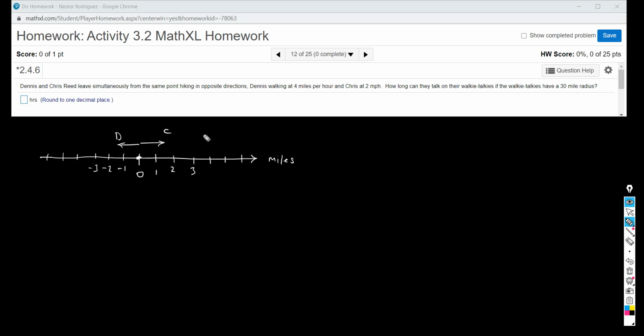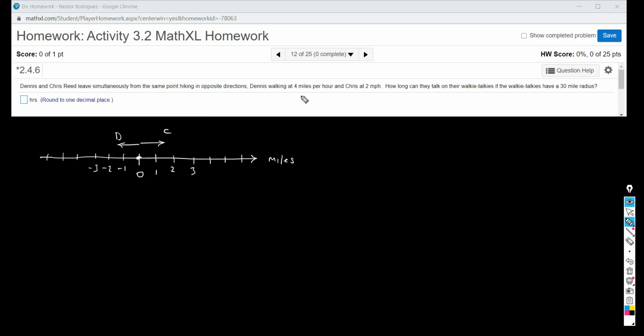With this little diagram here, I am establishing the first statement that they tell me. You don't need to draw the people, you don't need to draw any trees or whatever. Try to keep things as simple as possible. Let's continue. Now they tell me Dennis is walking at 4 miles per hour and Chris at 2 miles per hour.